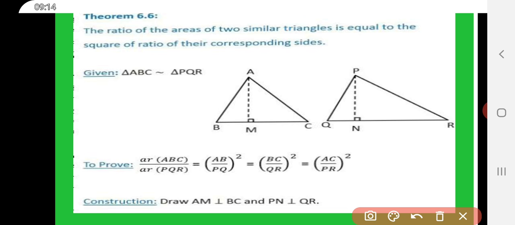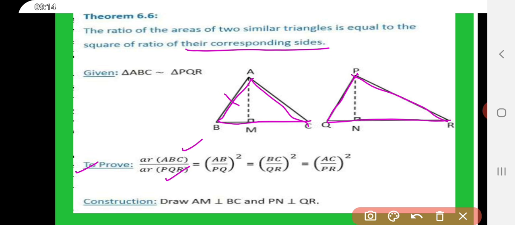That means, to prove: area of triangle ABC divided by area of triangle PQR is equal to the square of the ratio of their corresponding sides.